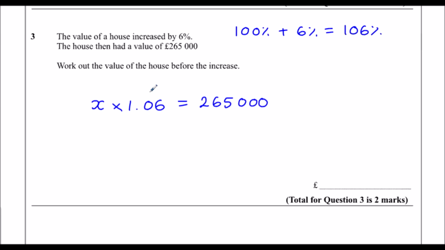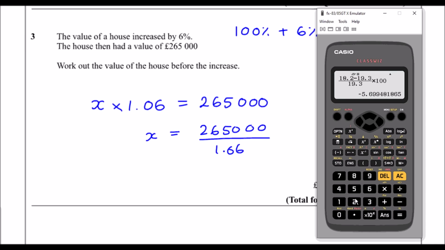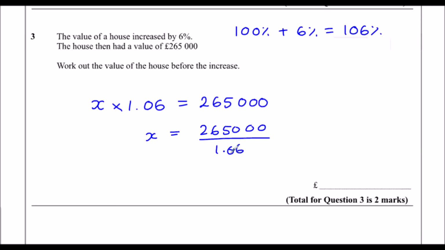So we've added 6% onto x, and that's given us 265,000. We want to know what x is, so we divide both sides by 1.06. So 265,000 divided by 1.06 is 250,000.